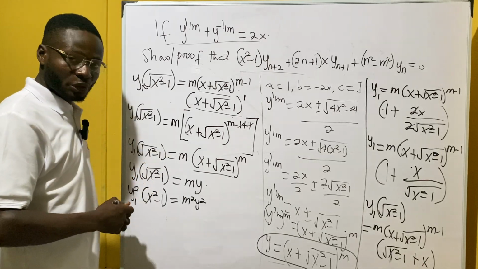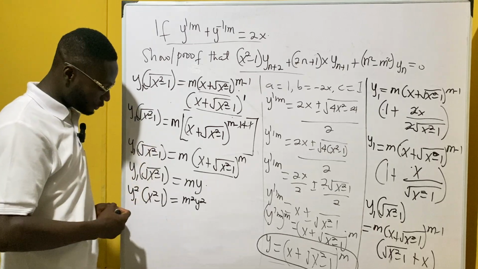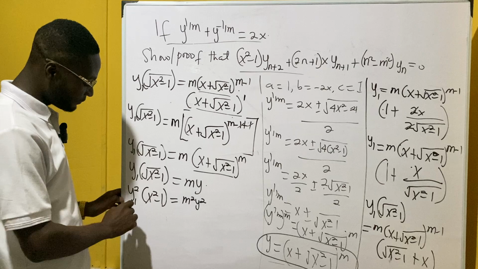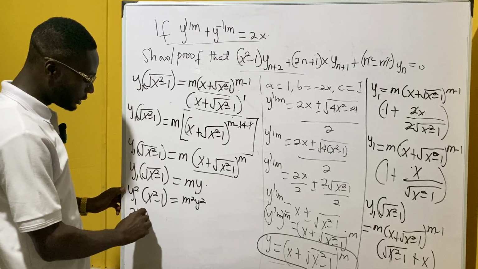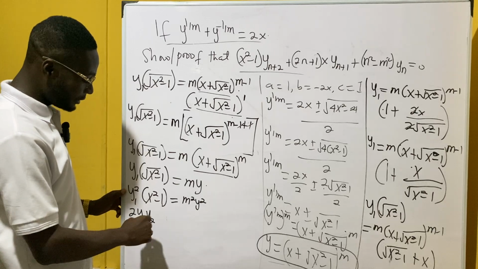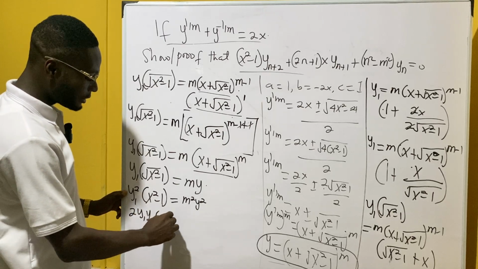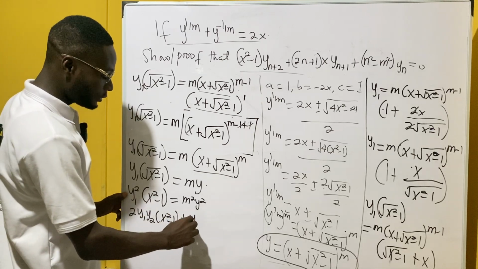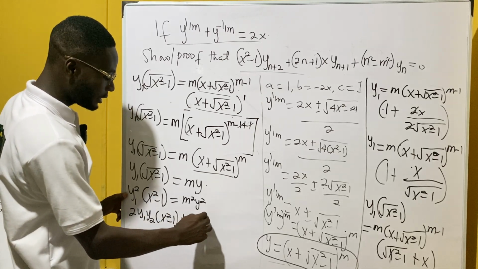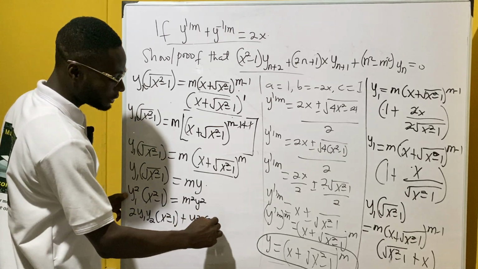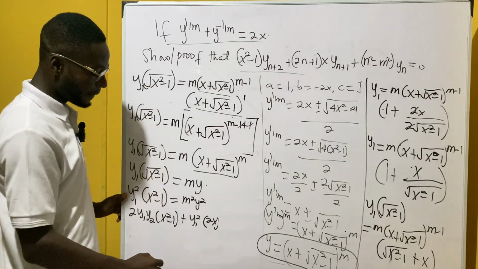So right here, we are going to differentiate the second time. When you differentiate this first term here, you are going to have 2y1 y2, right? Then we maintain this plus, we maintain the first term y1 squared into the differential of x squared minus 1, and that is 2x right here.